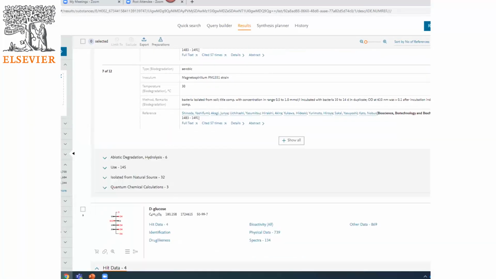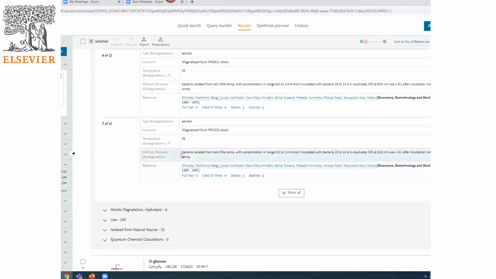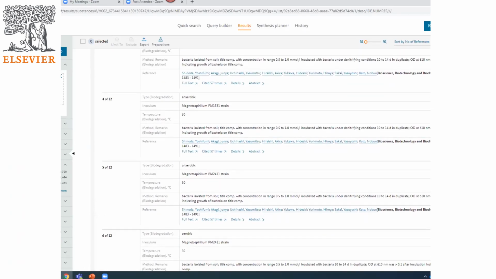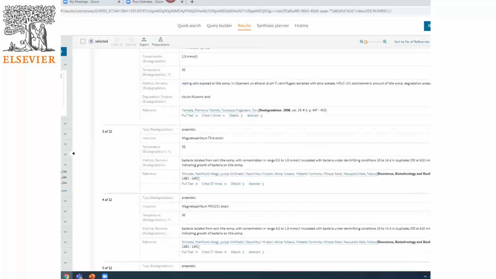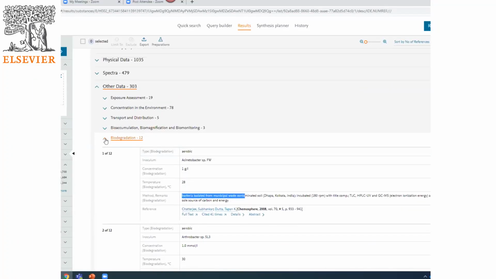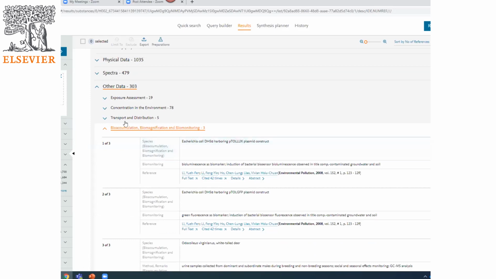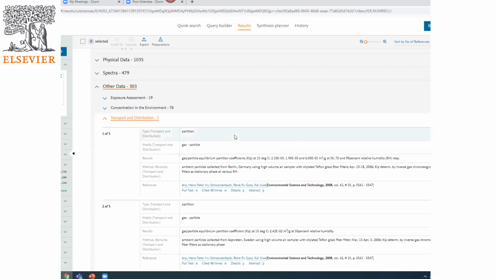For some other, as a method, for example, you can see even the range of concentration. Often you can find additional information about which techniques were used to justify that it's exactly the compound that you need. Also, there is bioaccumulation data, transport and distribution.